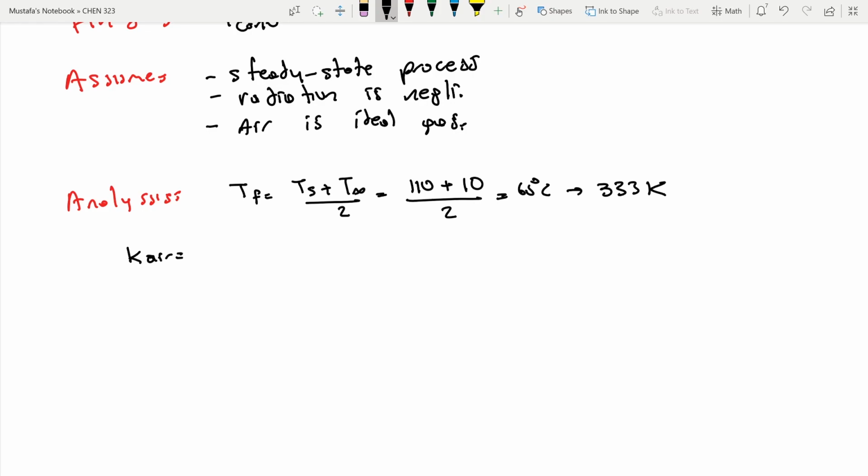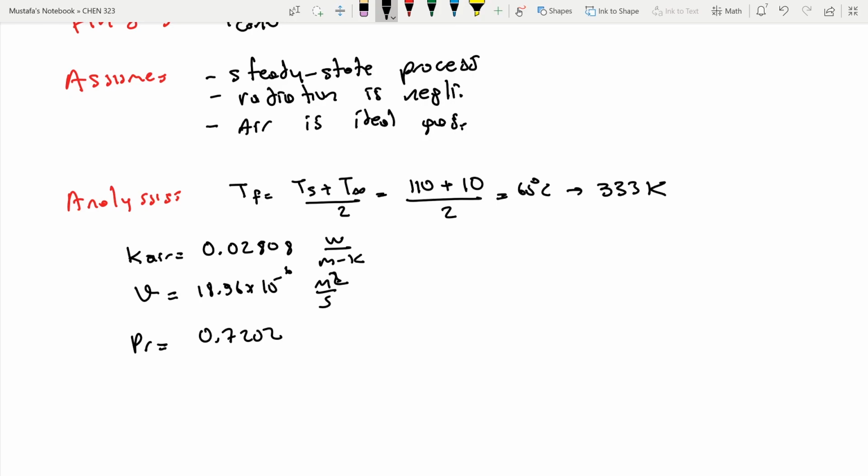You need to check at the end of your textbook, you need to look up these properties, and this is one of the most important parts of this analysis in chapter 7, to be able to read values correctly. Thermal conductivity is 0.028. Kinematic viscosity is 18.96 times 10 to the minus 6 meter squared per second. And the Prandtl number is 0.7202. Okay? So now we have the properties.